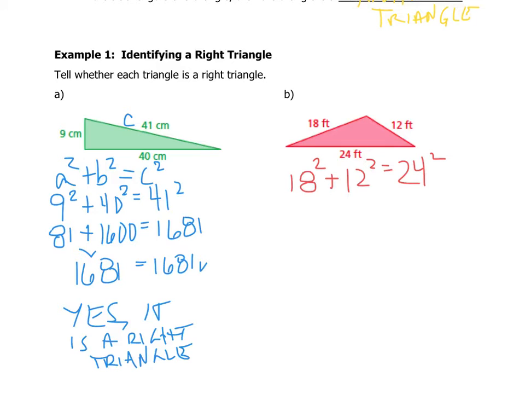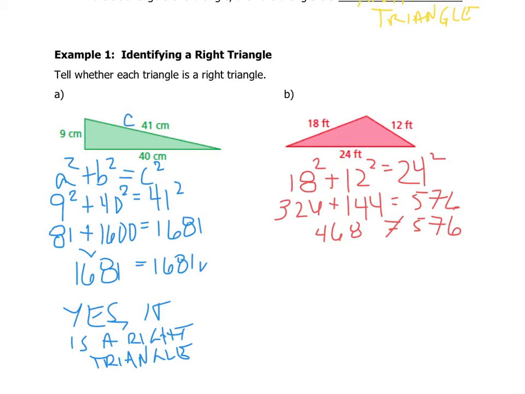Looking at 18 squared, that gives me 324. 12 squared is 144. And 24 squared is 576. Now if I put together the two on the other side, I get 468, which is not 576.